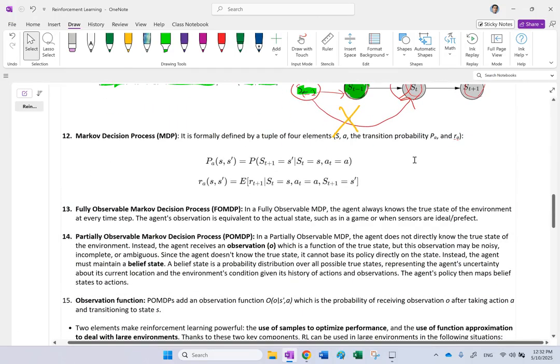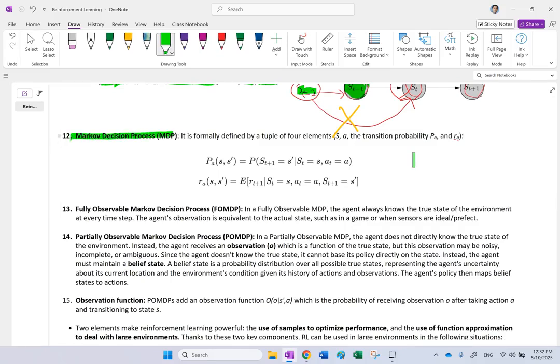And of course, the Markov decision process, or MDP, is basically something related to the Markov property, which is defined by a tuple of 4 elements: S, A, the transition probability, and the reward. What are these?